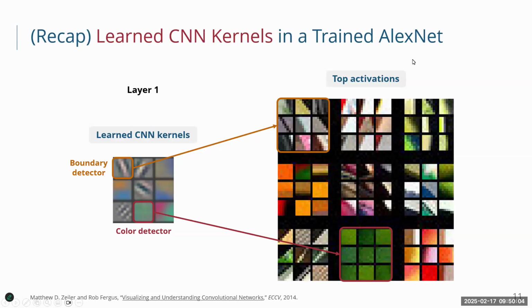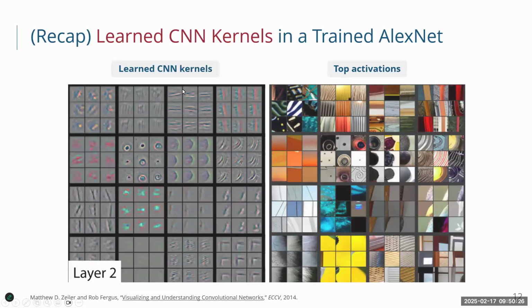So top activation is that you look at the whole data set. You just scan through the whole data set using this detector. So, in this image, you scan through everything, and in the next image, scan through everything again, and look at your data set. What are those having the biggest activation? What are the things that are being triggered by these detectors?